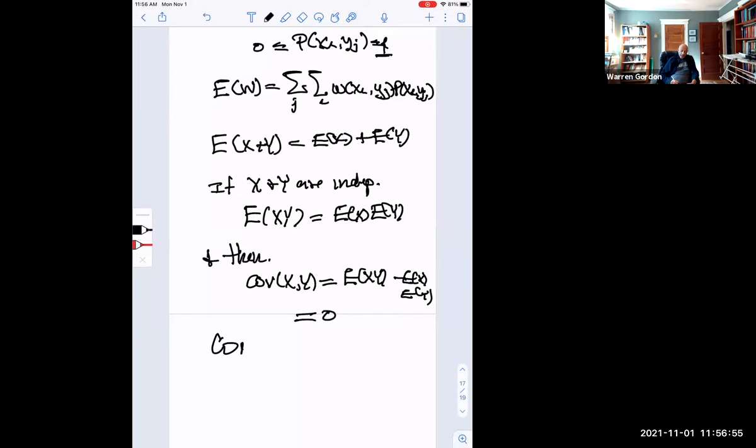And I said the converse is false, meaning it's possible for the covariance to be 0 and X and Y not to be independent.